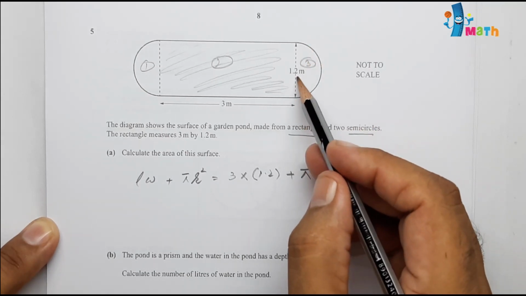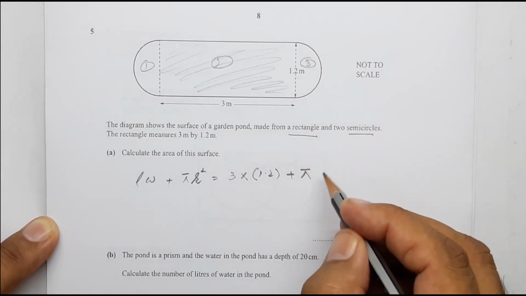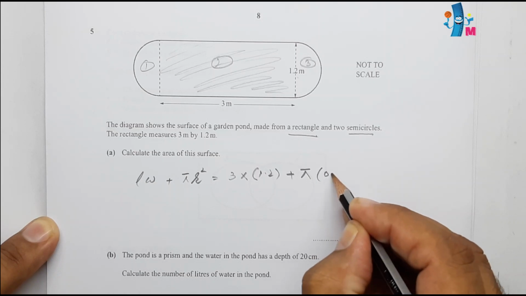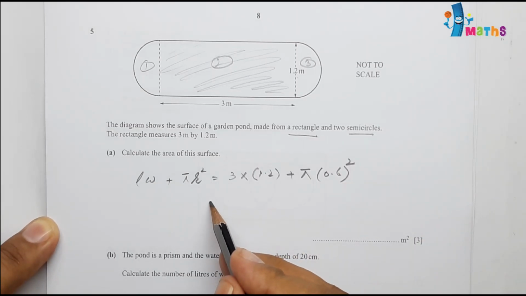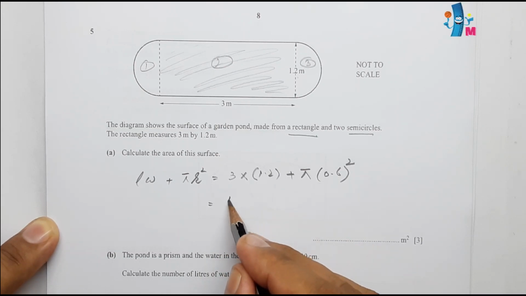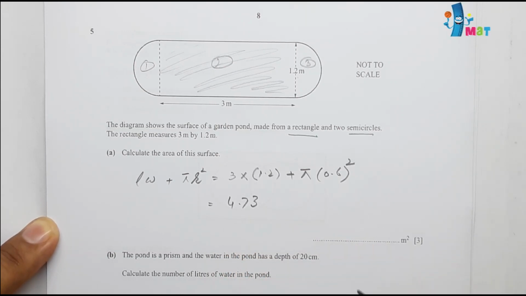R is half of this one, 1.2, half of 1.2 will be 0.6, so pi r squared. So if we calculate this one, we will get 4.73, and the answer will be 4.73 meters squared.